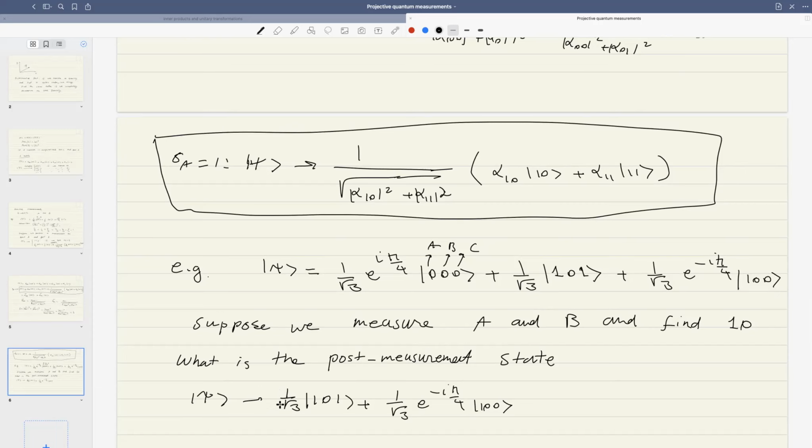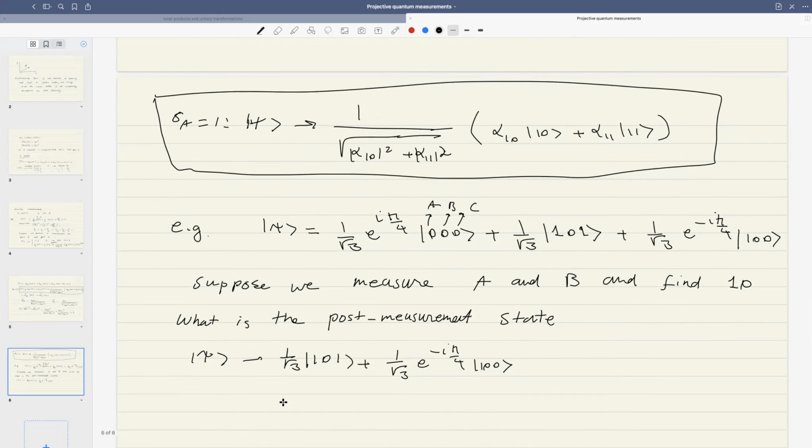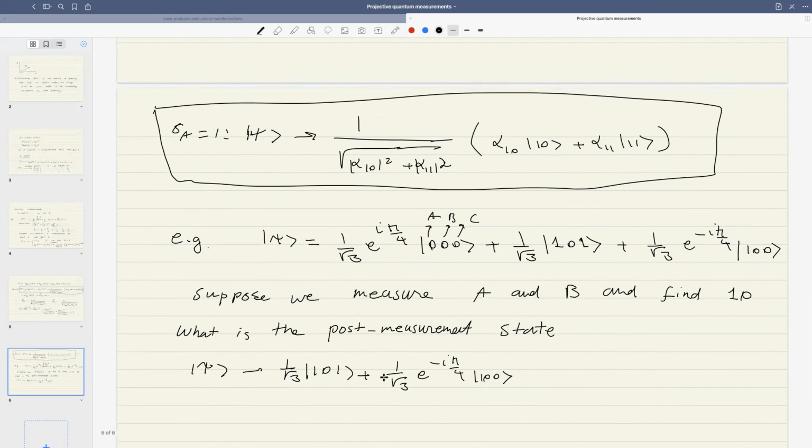So the absolute value squared of this is 1/3. The absolute value squared of this coefficient is also 1/3. So let's say alpha 101 is 1 over square root 3, which means the absolute value squared is 1/3.